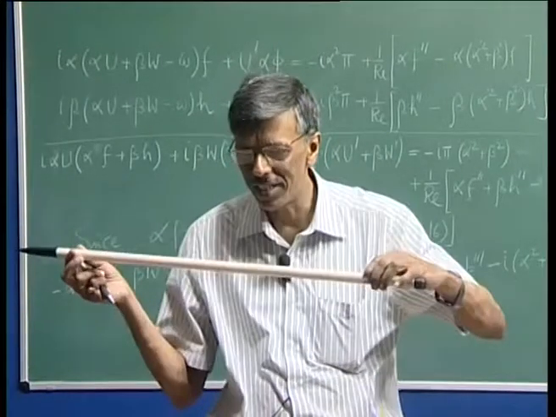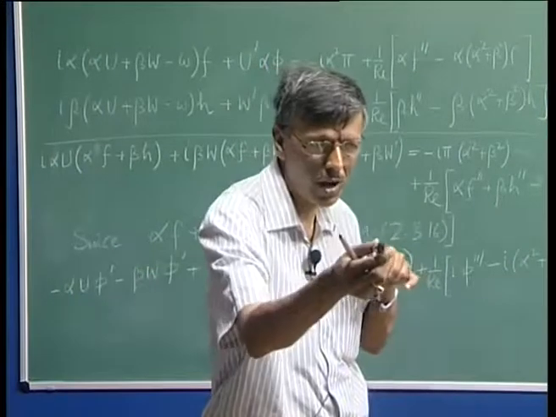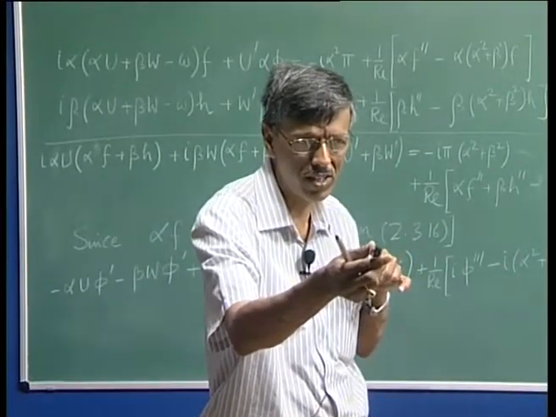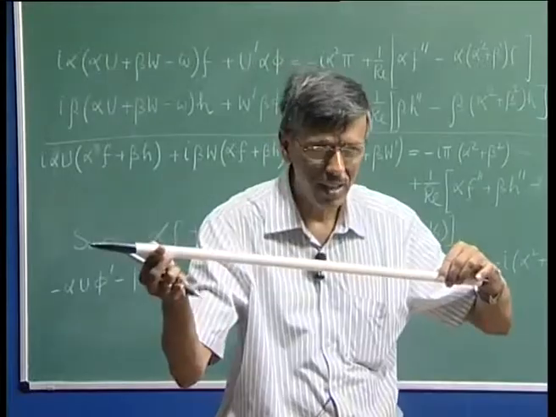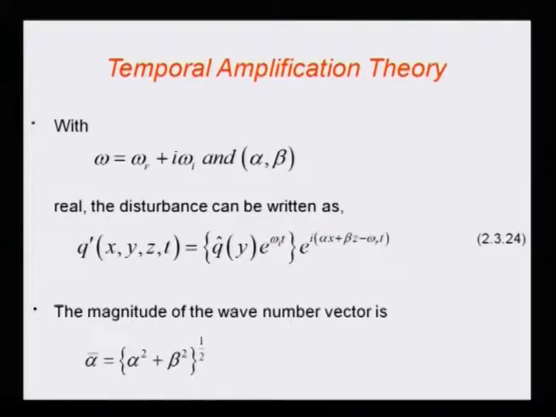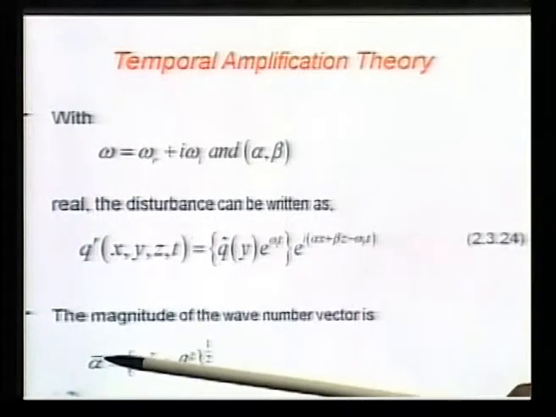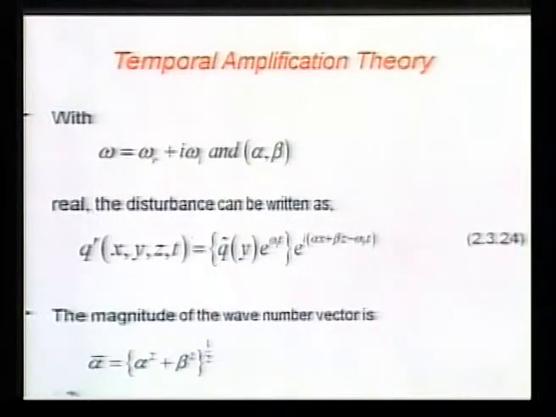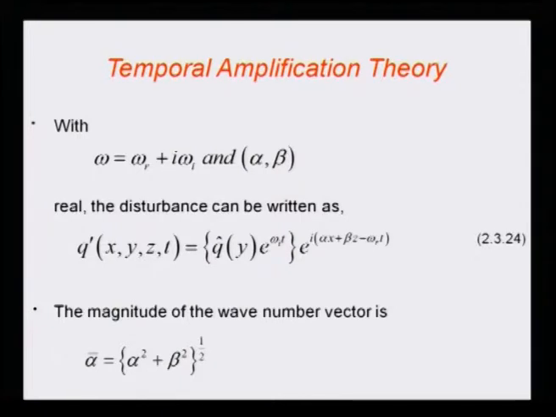So, I have a component alpha in the x direction, I have a component beta in the z direction, and alpha bar is the net resultant. Okay. So, that is how you interpret it, that alpha bar is essentially the magnitude in the wave number vector propagation direction.